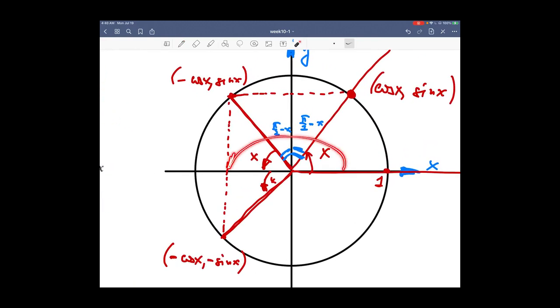This angle is pi. Say this angle is pi minus x, because this is x. Then pi plus x will be this angle.